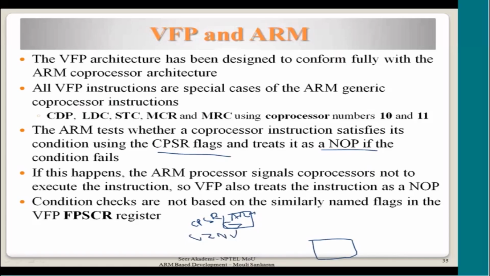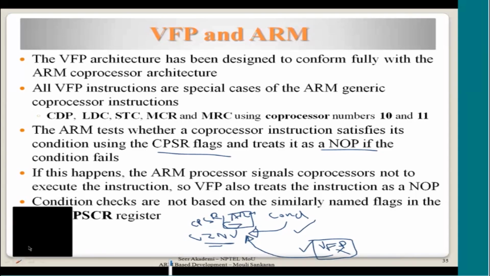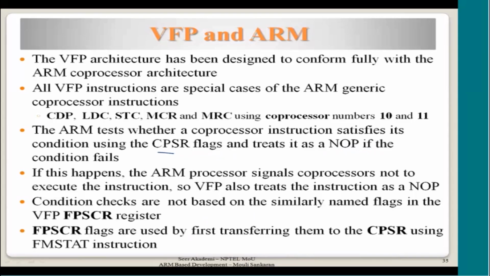So the conditional execution is based on these flags, not on the VFP flags. VFP also has equivalent flags, but it is not based on those. Suppose you want to execute some instruction based on the VFP conditional flags, they need to be transferred to the ARM NZCV flags and then it should be performed. There is a provision for that, called the FMSTAT instruction.